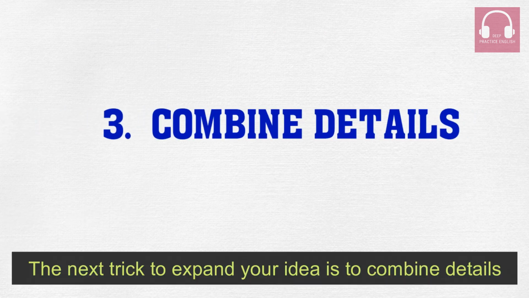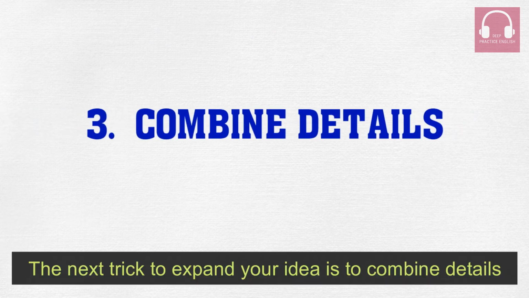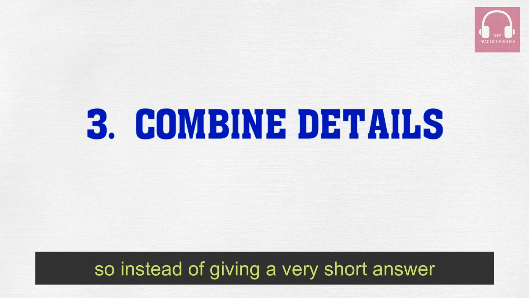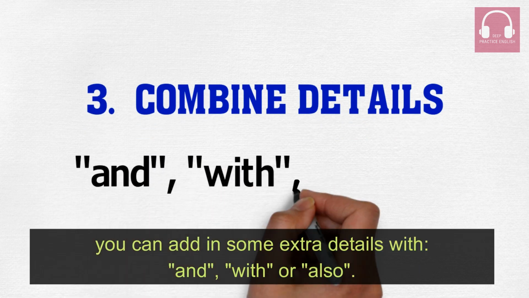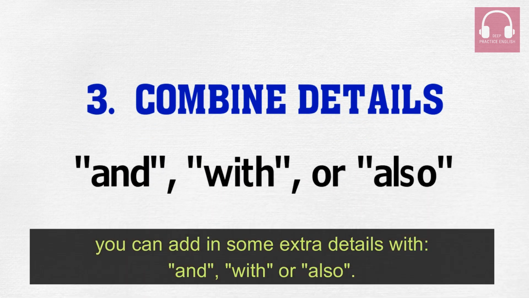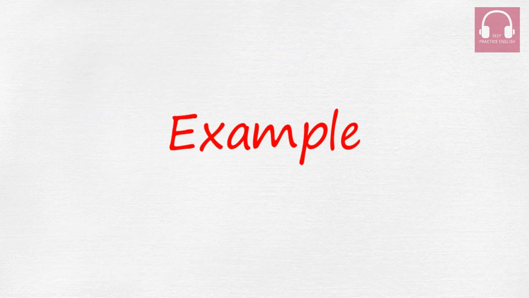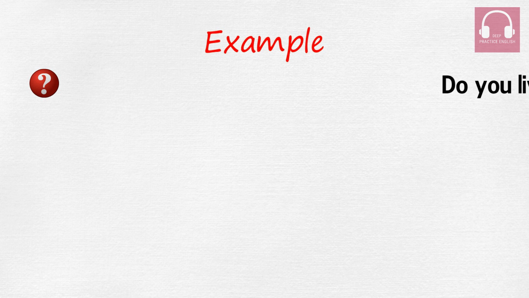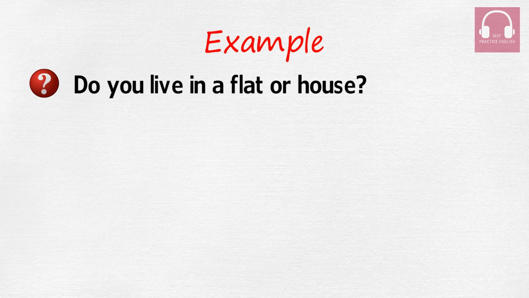The next trick to expand your idea is to combine details. So instead of giving a very short answer, you can add in some extra details with, and, with, or, also. Let's look at an example for this. Question: do you live in a flat or house?